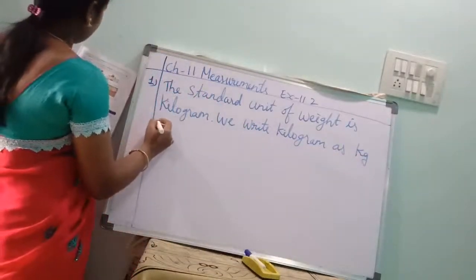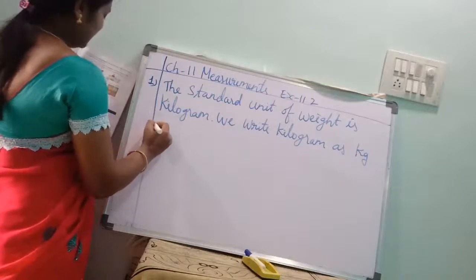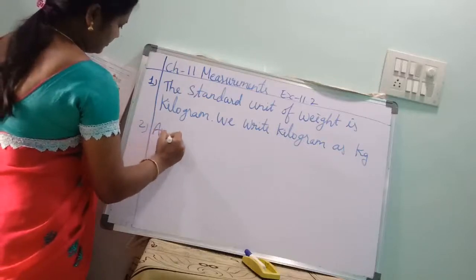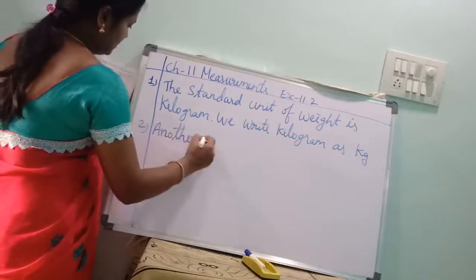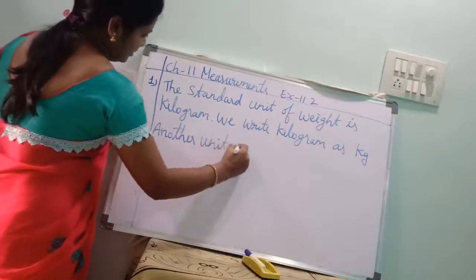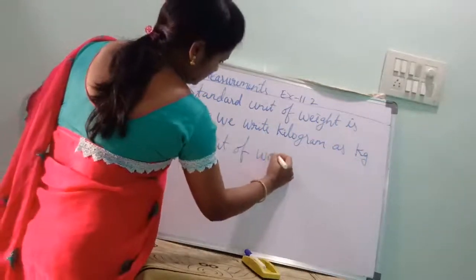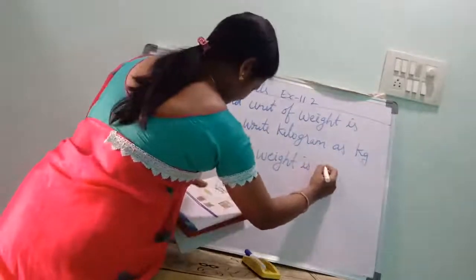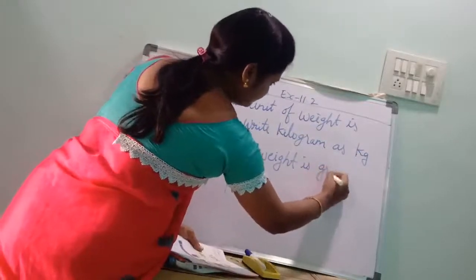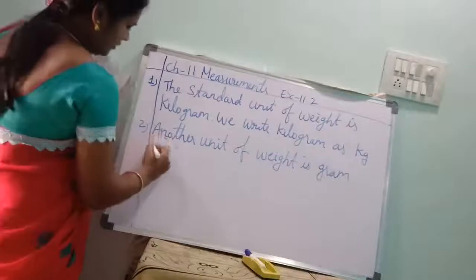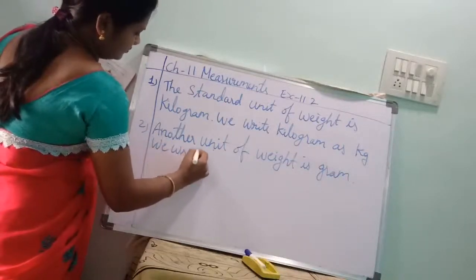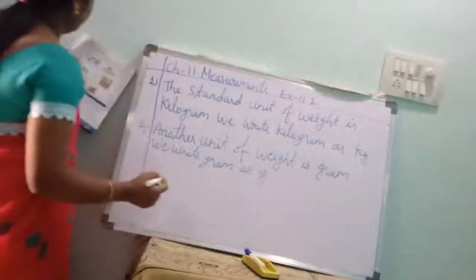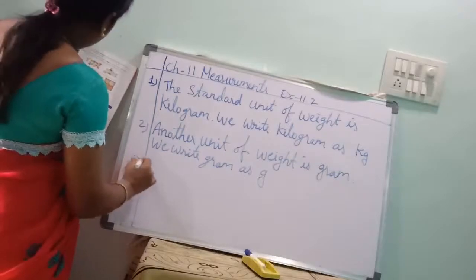Next, another unit of weight is called gram. Understood? We write gram as g. Understood? Next, third one.